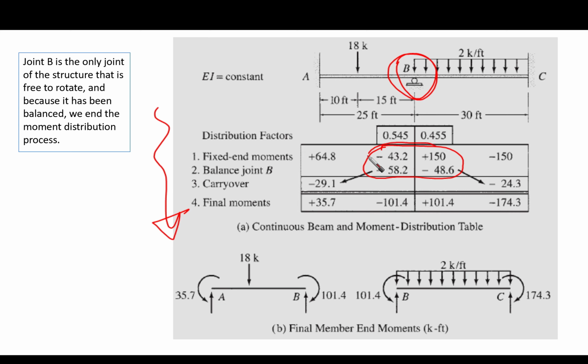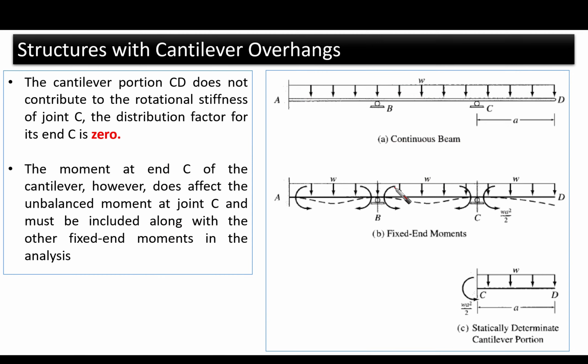Now it is balanced, and there is no carryover from other sides, because they are fixed, as we said. So there is no carryover from them, and based on this, we are ending with our point B balanced. That's it.